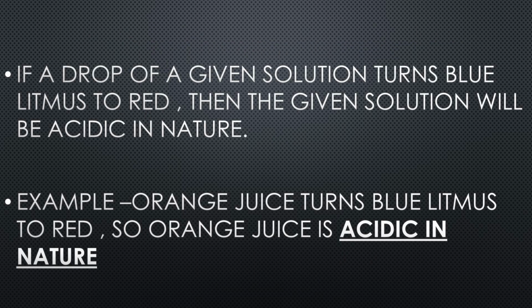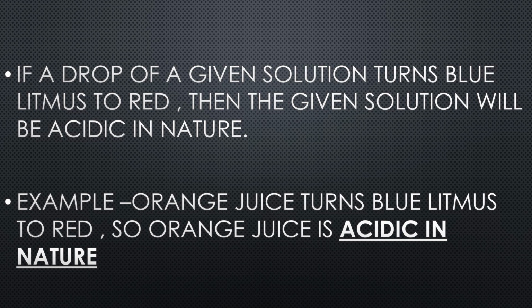If a drop of a given solution turns blue litmus to red, then the given solution will be acidic in nature. Now I am giving you one example. Orange juice turns blue litmus to red, so orange juice is acidic in nature.